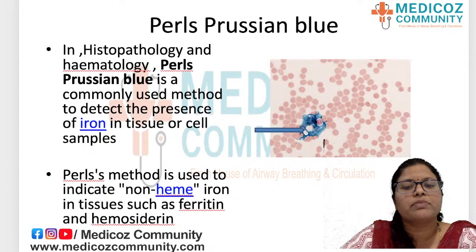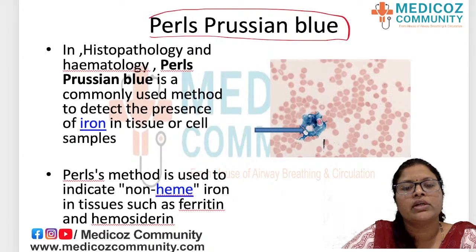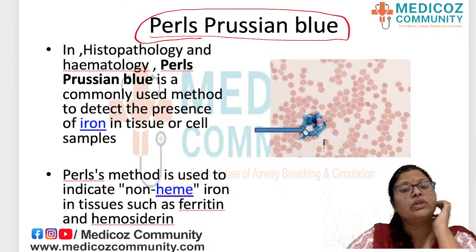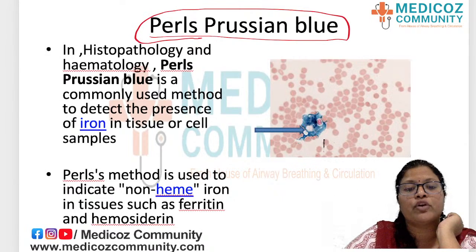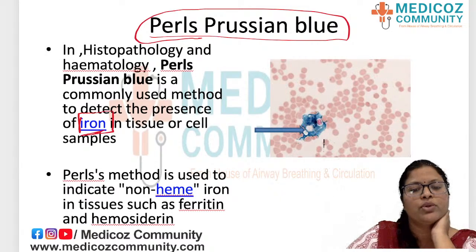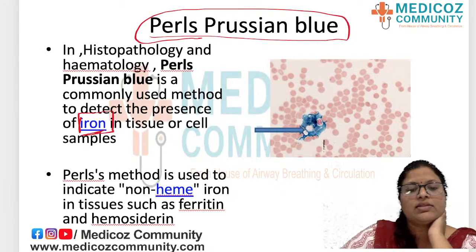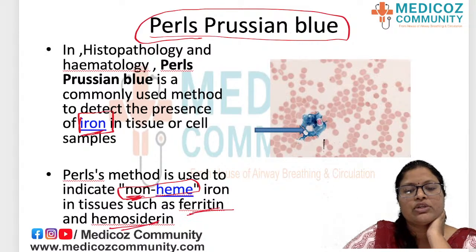Moving on to what is Perls' Prussian blue. This is also a stain which is used in hematology. Okay, also in histopathology. So this is mainly for iron, not hemoglobin. Okay, for non-heme iron, you use Perls' Prussian blue. And this is used to indicate non-heme iron in the tissue. What are the non-heme iron? Like ferritin and hemosiderin. Okay, so this is understood.